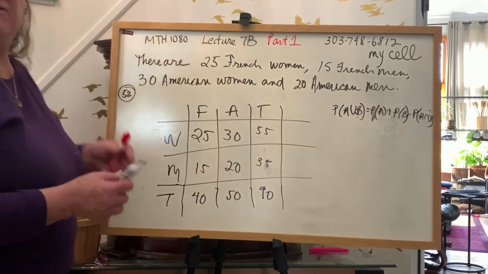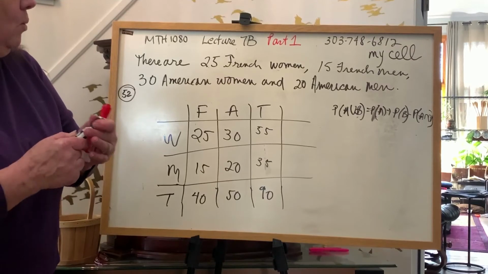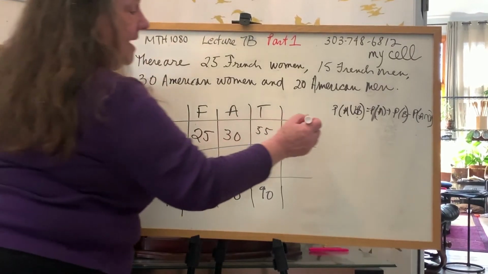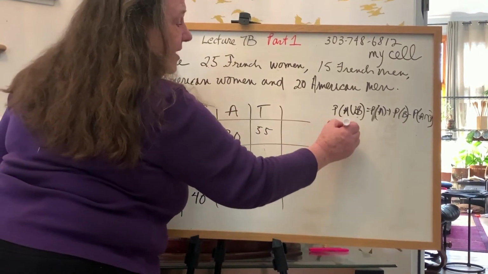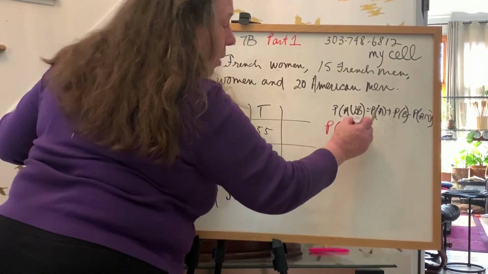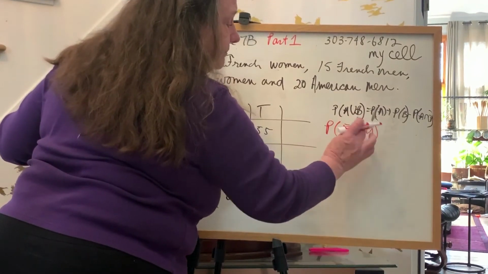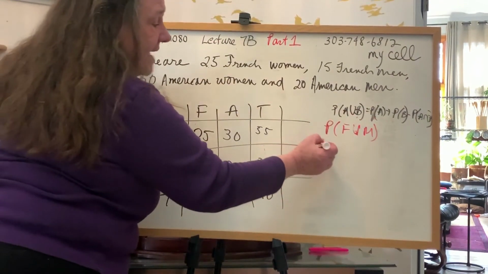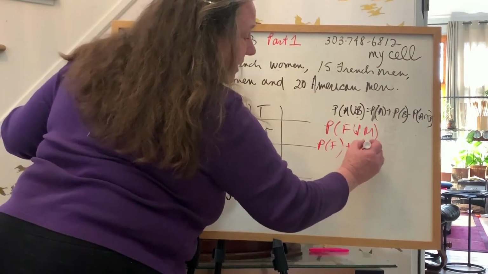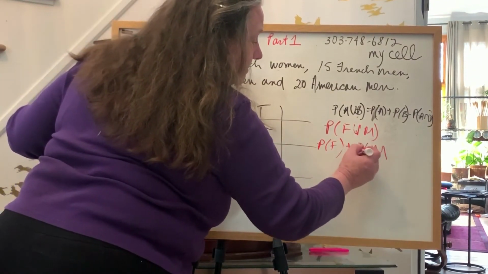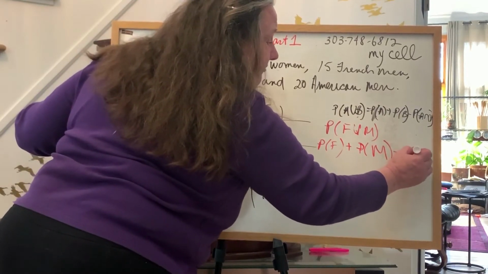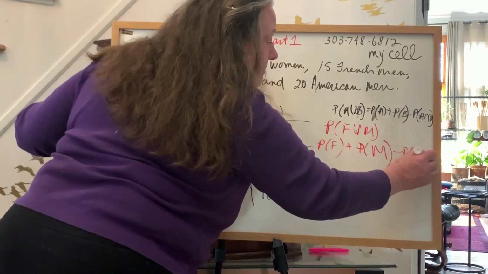Then I can answer a variety of questions. What is the probability of having a French person or a man? Okay, so that's the probability of French plus the probability of man minus the probability of a French man.